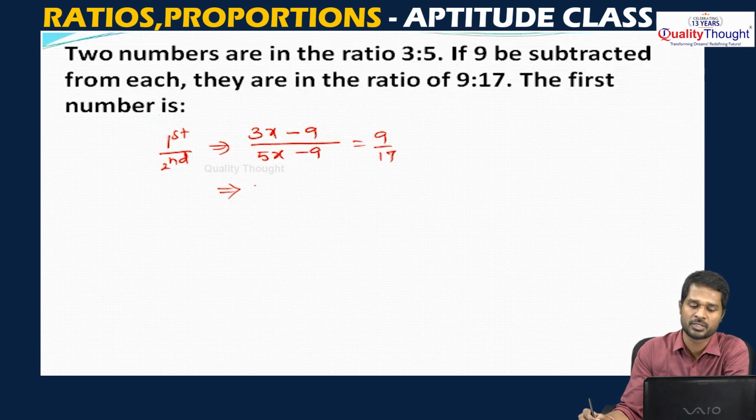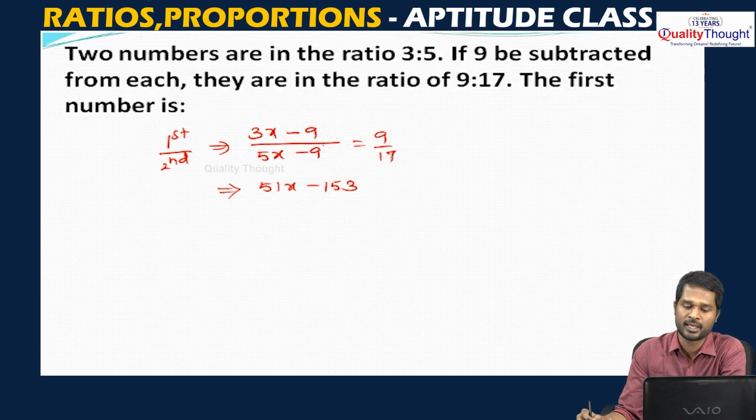So, go for cross multiplication. 17 3s are 51x. 17 9s are 153, which is equal to 9 5s are 45x minus 9 9s are 81.